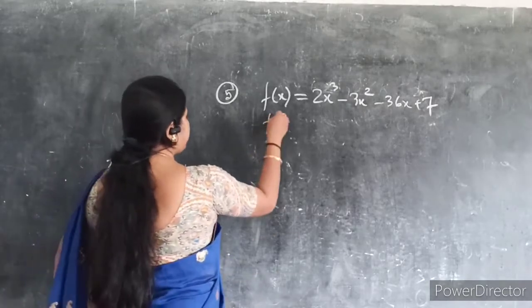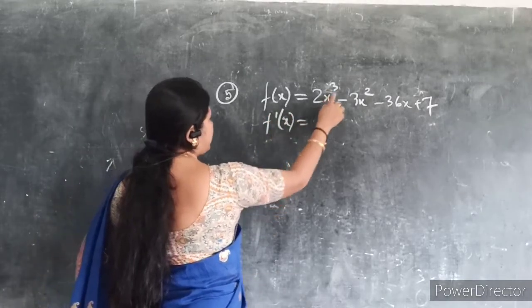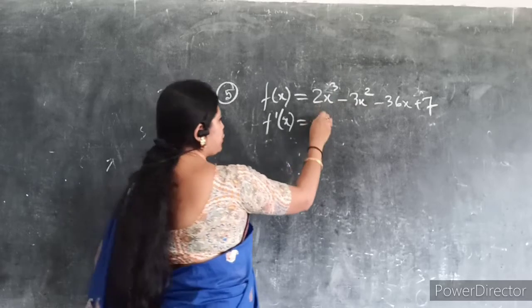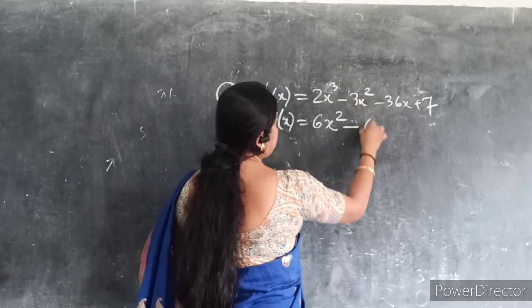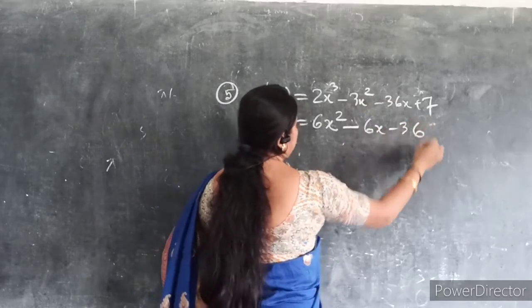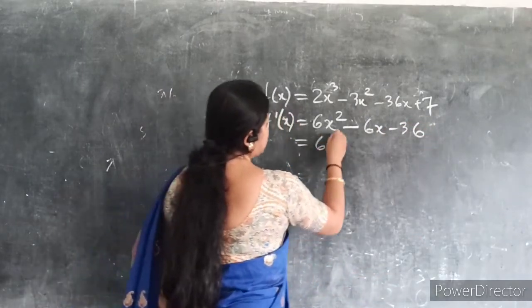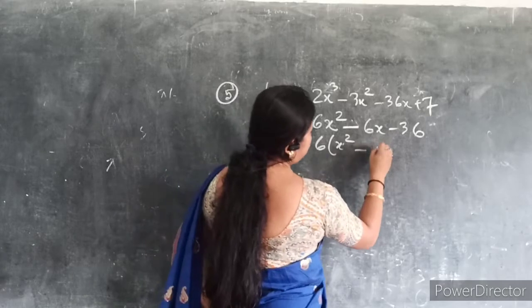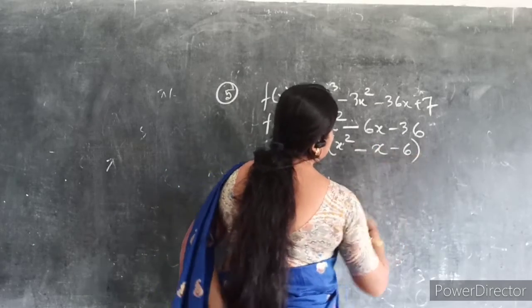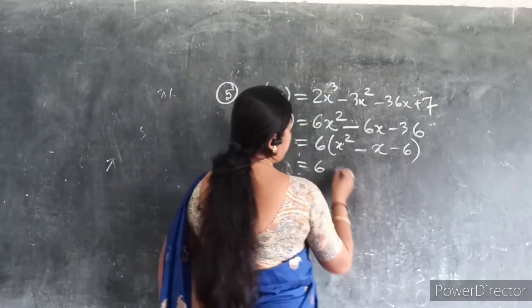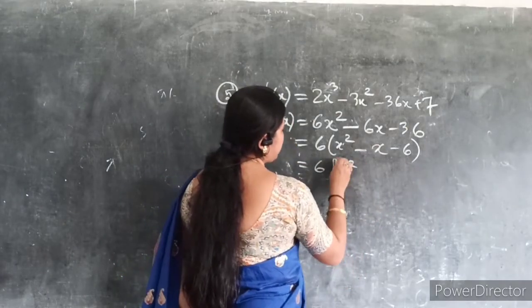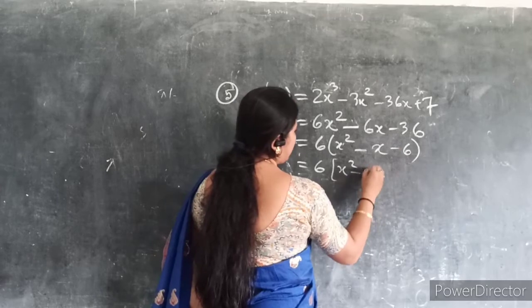For this, always the first step is you have to find the first derivative. So 3 will come before, the 3 into 2, and the power of x will be reduced by 1. Here this will be 6x square minus 6x minus 36. So I can take 6 common, that is x square minus x minus 6. Okay. So this is a quadratic, so if you use the factorization method, you can easily write it.